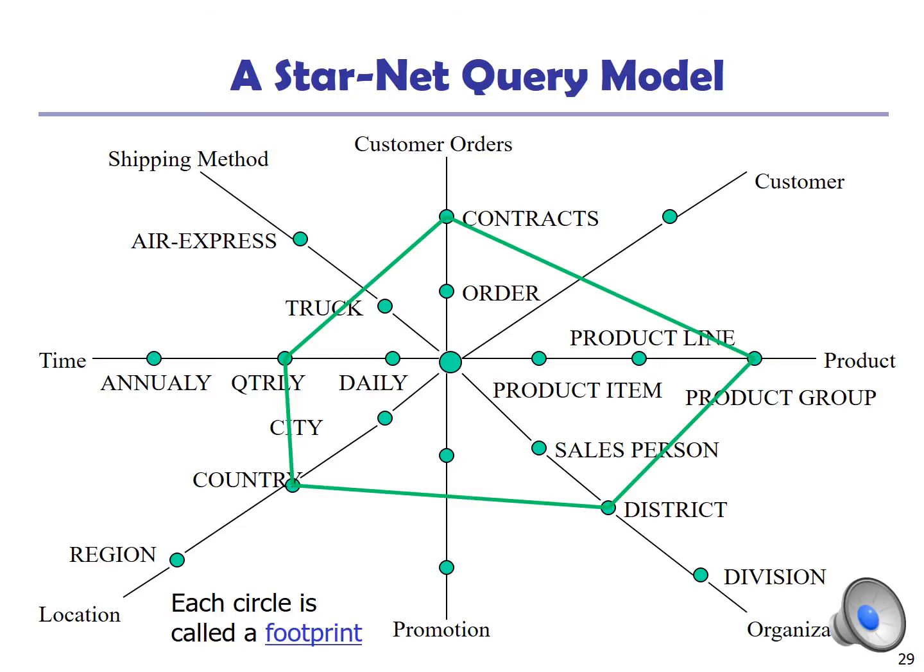If you join together the circles on different radiating lines, you form a star net, and that gives you the size of the cube that you're going to fish out of your data warehouse with this given star net.